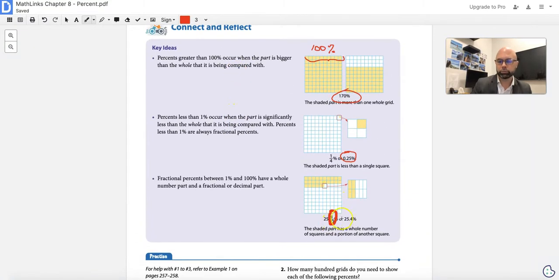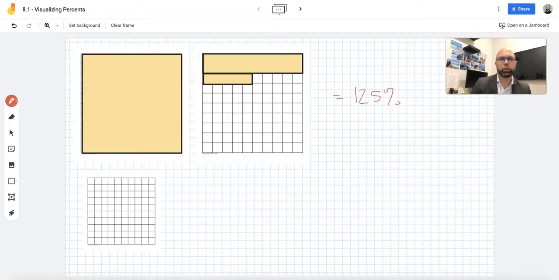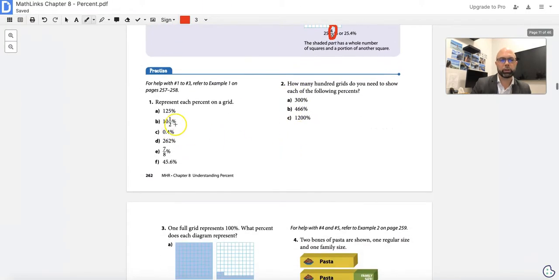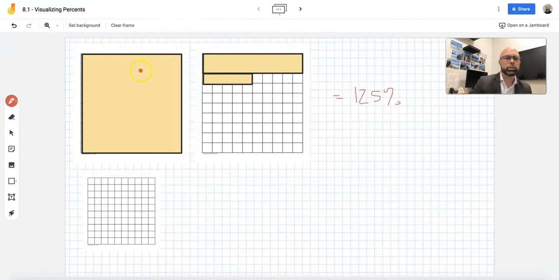Remember this one? 25 and 4/10%. Sometimes we have a whole number and a fractional percent, and that's what we have here. So let's focus on the whole number first. I'm on this problem, 10.5%. So let's mark 10.